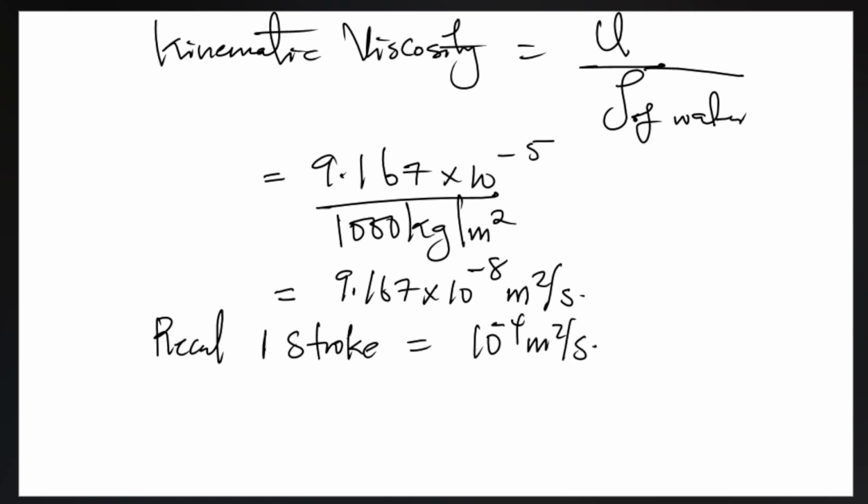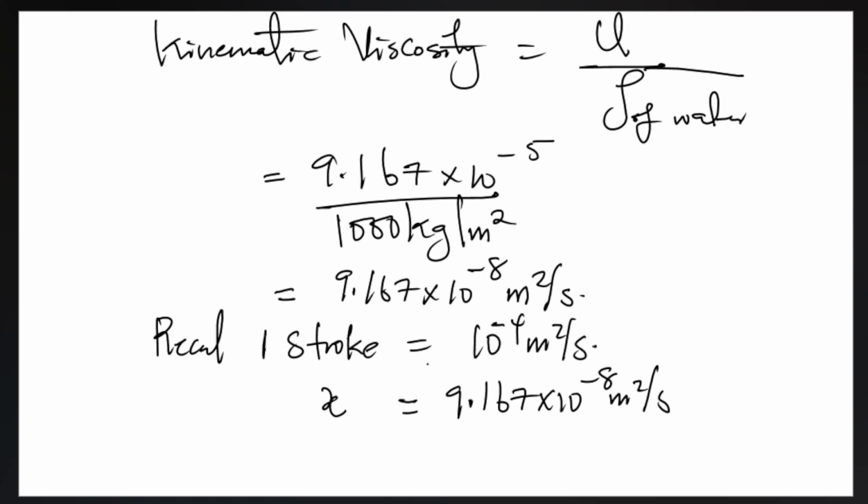If we want to calculate this in strokes, we don't know the value in strokes, and we represent that value as X. And we said X is equal to 9.167 times 10 raised to the power of minus 8 meter square per second, such that when we cross multiply, we'll finally have an answer in strokes. Now let's cross multiply to see that.